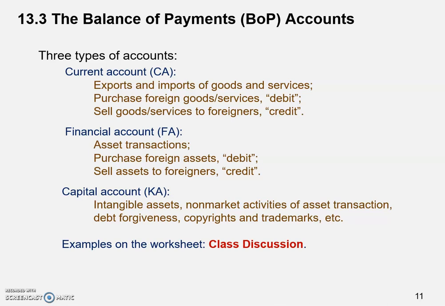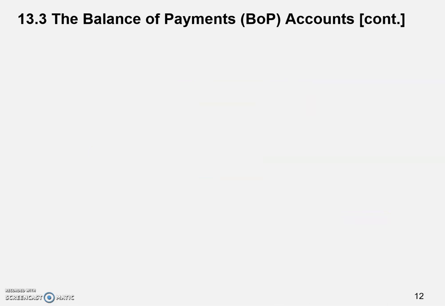In other words, it's negligible. Another way to understand this is that we can combine the capital account with the financial account. So that's why sometimes people say there are only current account and financial account. So again, don't be confused. But oftentimes when you look at the textbooks, strictly speaking, we have three types of accounts.